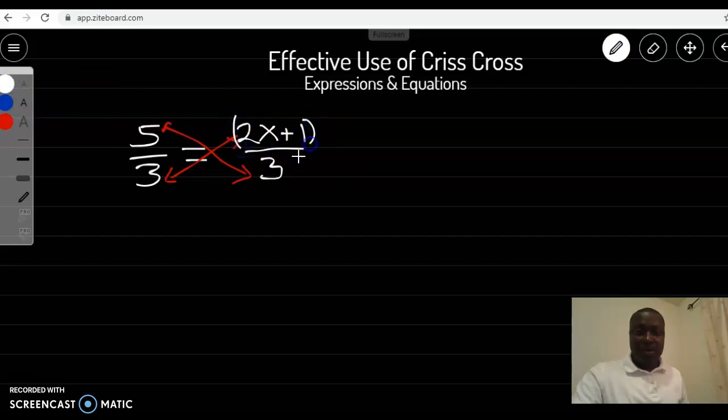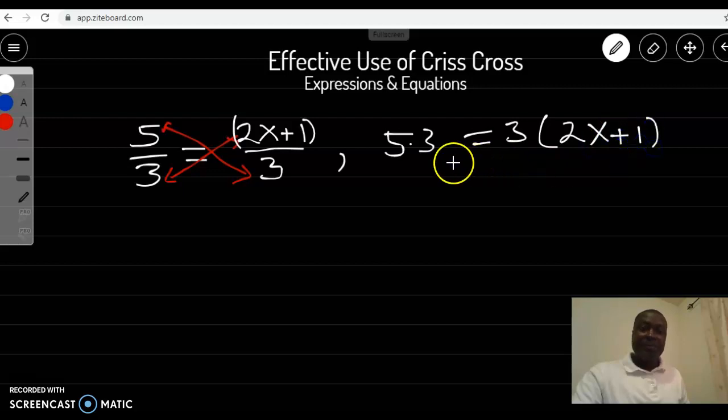You know that they are all moving together. Okay, so if that is the case, we write this one first, which is 5 times 3 equals to. Here, I could have written this one first, but let's bring the number first. 3 outside, 2x plus 1, close it.